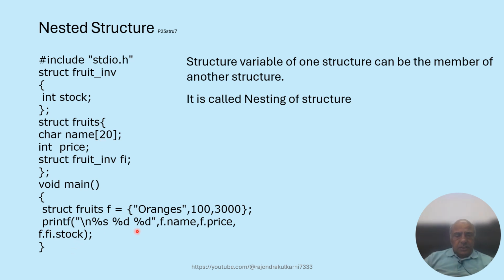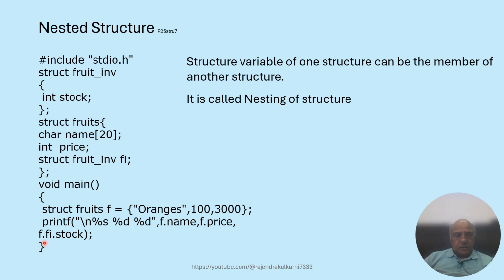You can see here we are accessing the name and price members of struct fruits by using f.name, f.price, whereas the third element of structure fruits, which is a nested variable of another structure, is being accessed using two dot operators.